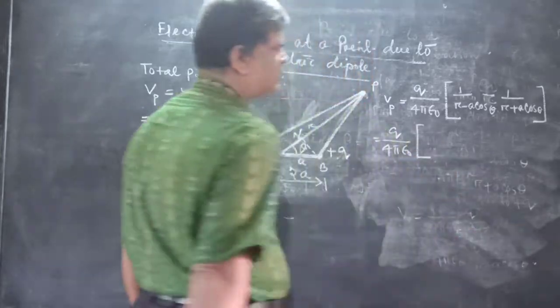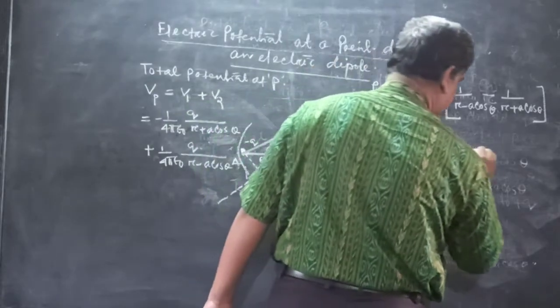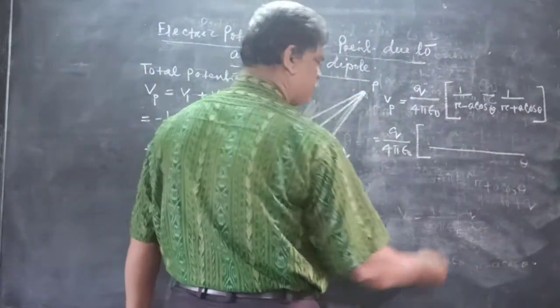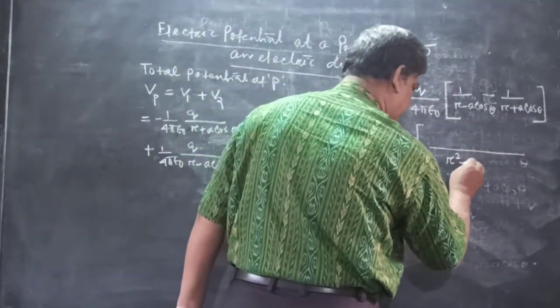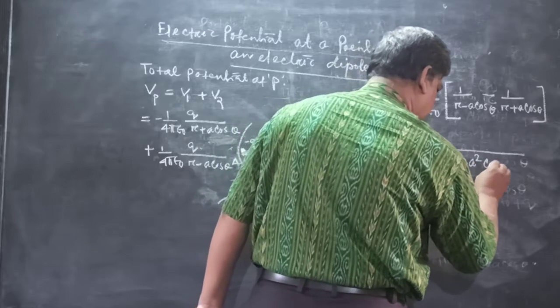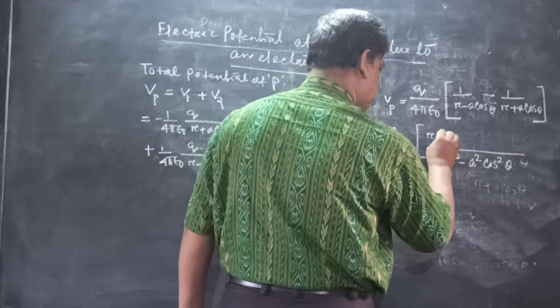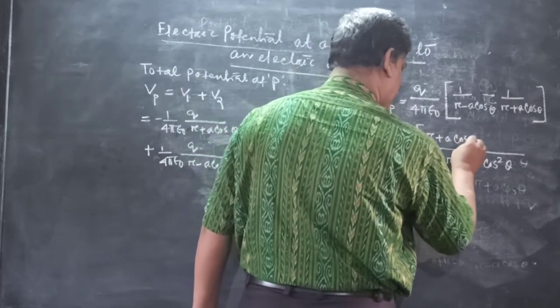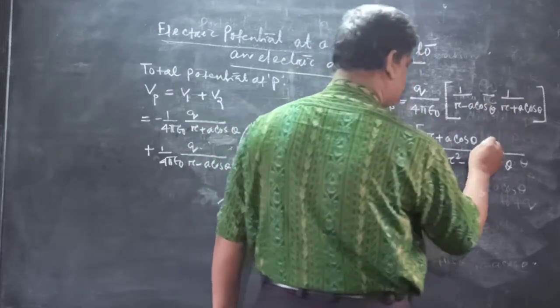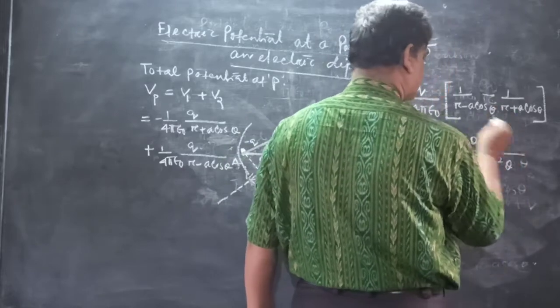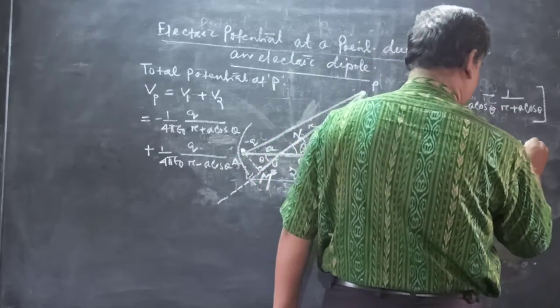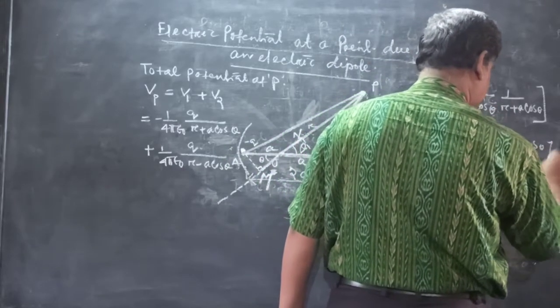Then the LCM is R minus A cos theta into R plus A cos theta, that is equal to R square minus A square cos square theta. Then it is R plus A cos theta minus R minus A cos theta. Clear?